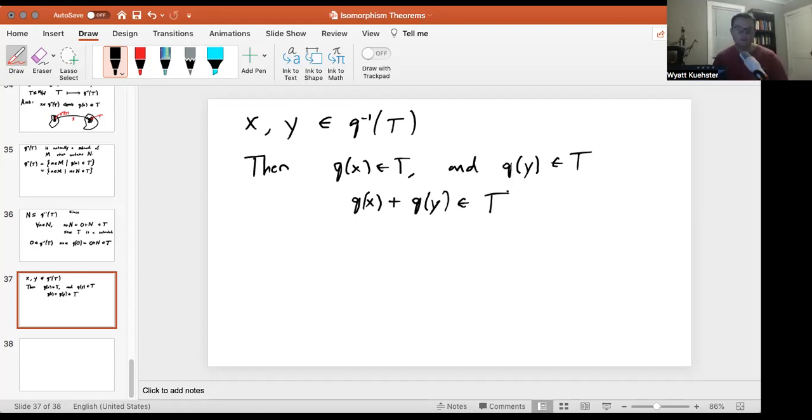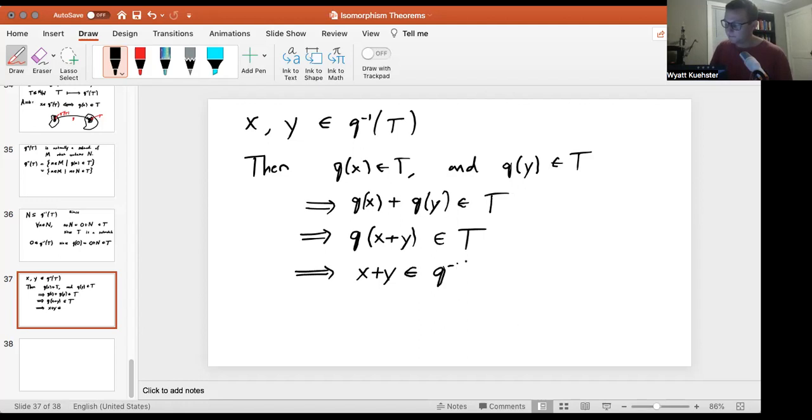So Q of x plus Q of y is in T. And then because the quotient map is an R-module homomorphism, I can write this as Q of x plus y. I think I made a big deal at some point about the quotient map being an actual structure preserving map, and that's why we need it. So that means Q of x plus y is in T, but then that means that x plus y is in the pre-image of T. And there we go. So we showed that this is closed under addition.